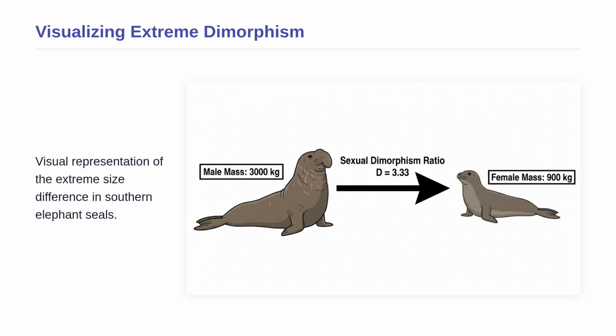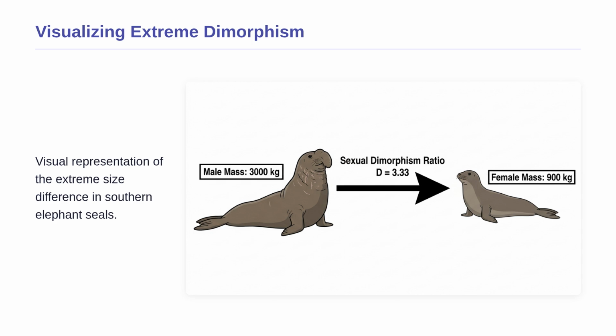Before we move on to another example, let us visualize what this extreme ratio actually looks like in nature. On your screen, you can see a clear comparison between the male and female southern elephant seal. On the left is the massive male, weighing in at 3,000 kilograms. On the right is the much smaller female at 900 kilograms.